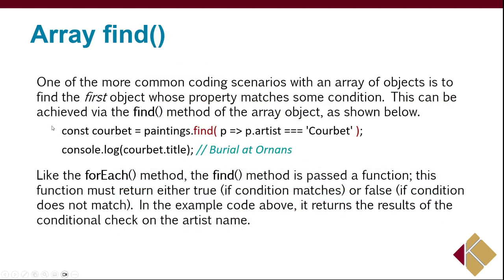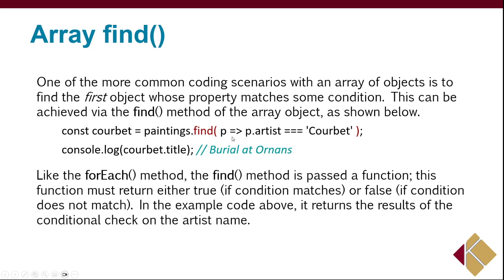And we're creating a variable called Courbet, which goes into the paintings array, and then find, and then again, it's a method, so you have to pass a function through it, which is why we're using the arrow syntax.